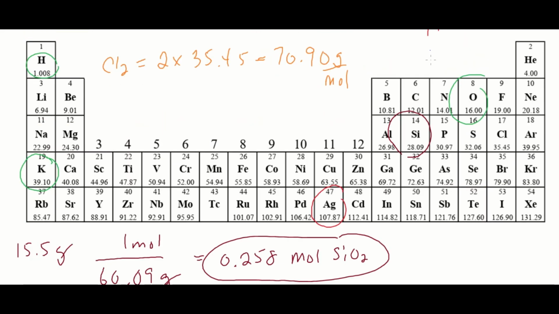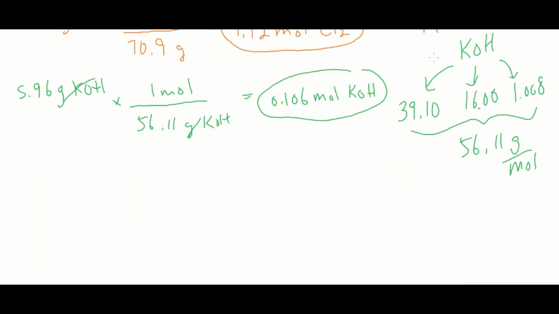Calcium acetate. Calcium forms a 2 positive cation, and acetate is a polyatomic ion with a 1 negative charge. So we're going to crisscross, and we're going to have a 2-to-1 ratio of acetate to calcium.